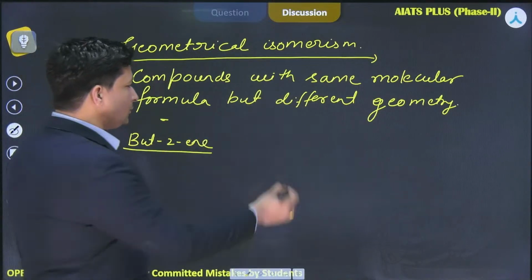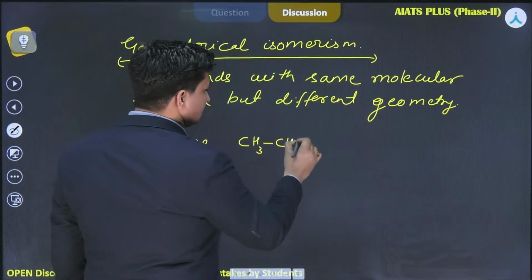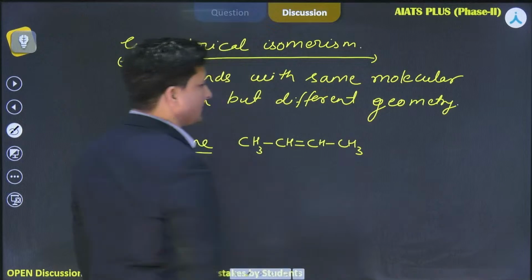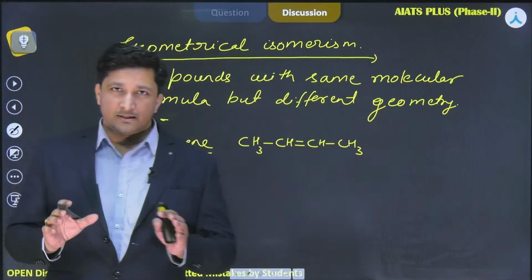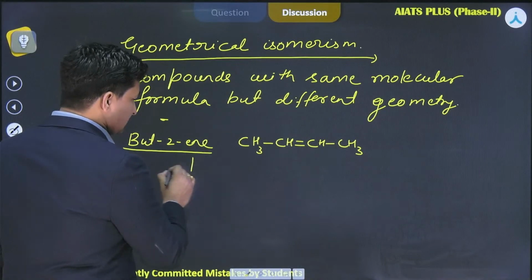Butene, simply you will write as CH3, CH, double bond, CH, CH3. But if you look at the structural part of it, you will find that it has two types of structure.